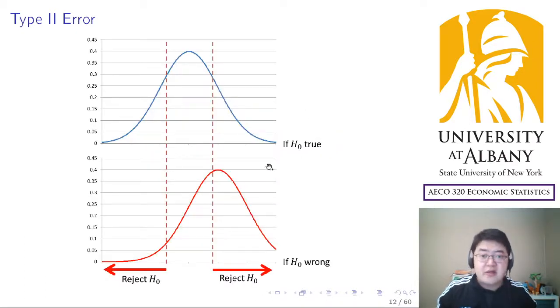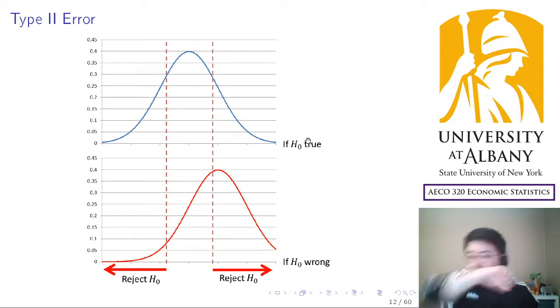And graphically, what we are doing here is, when the null hypothesis is true, the center is 100. And everything is defined based on this sampling null distribution. This is the null distribution, the sampling distribution when H0 is true.